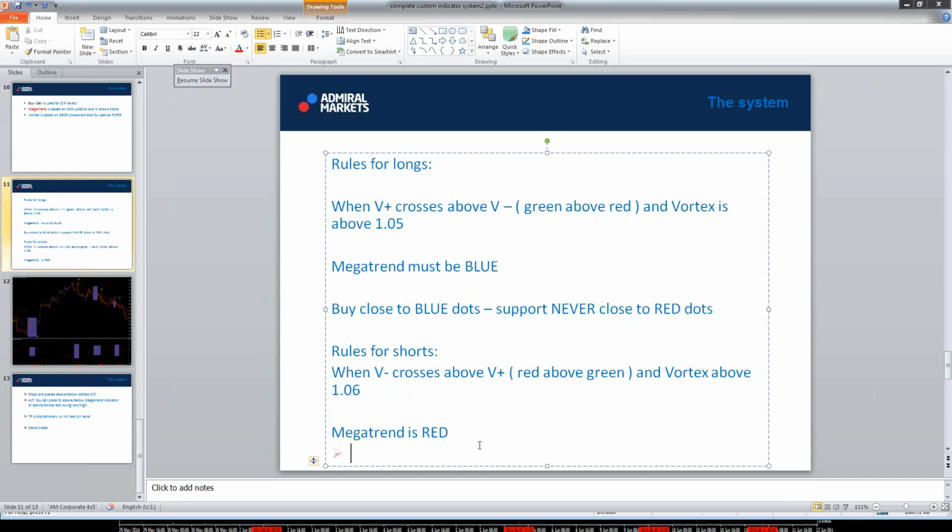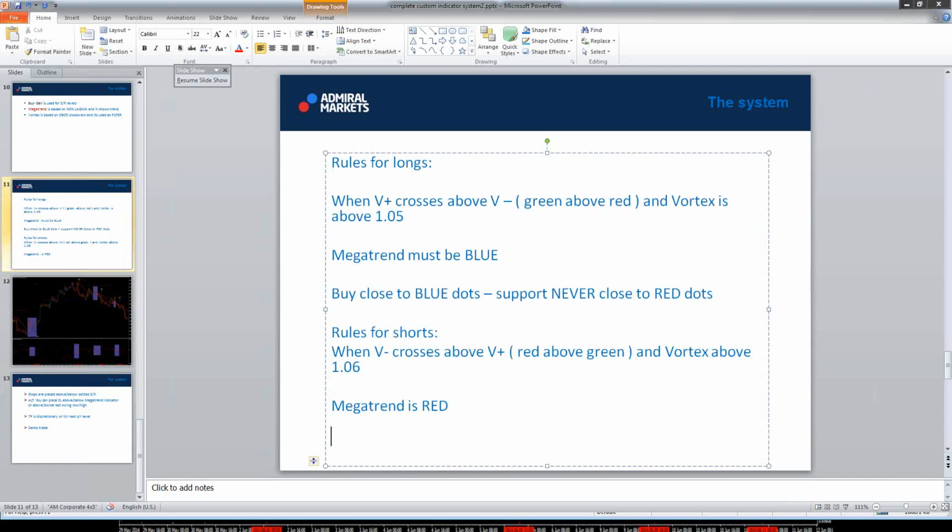Rules for shorts, another rule is basically the same. Sell close to red dots, resistance. So sell close to red dots, never close to blue dots, which is a support.